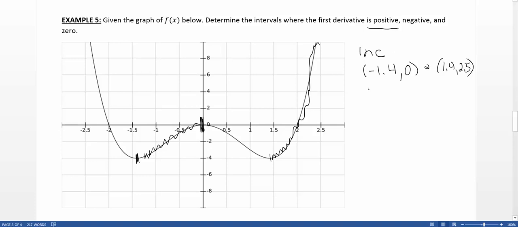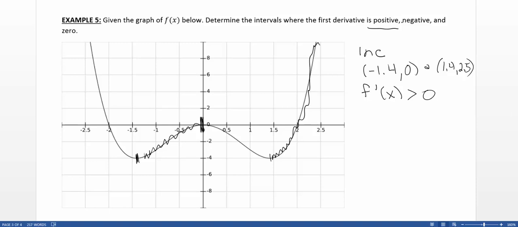So if my function is increasing, then my first derivative is positive, right? So that means any tangent line that I draw where I have those squiggly lines for increasing, the tangent line will be positively sloped, and the slope of that line will be some positive number.